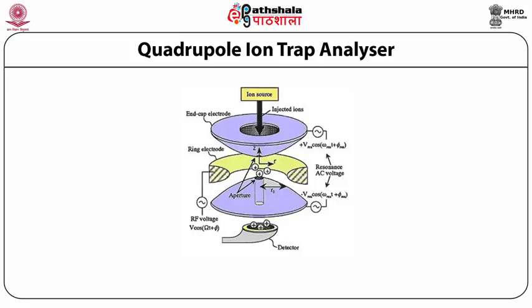As you can see, ions enter from the ion source into the analyzer, and there is a Faraday cup which retains the ions formed and entering from the ion source, and you can exploit this Faraday cup for making MS experiments by applying AC and DC voltages.